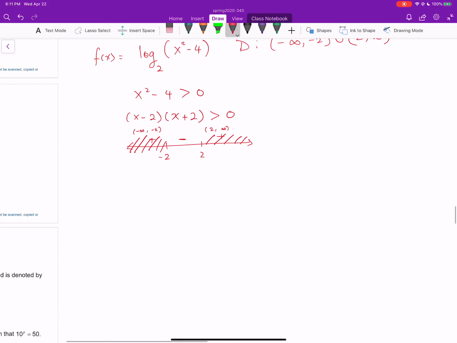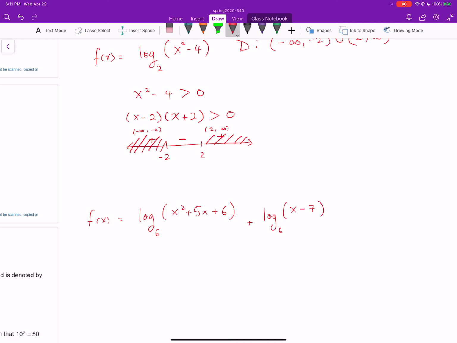Let's look at another example. I have f of x equal to log base 6 of x squared plus 5x plus 6, plus log base 6 of x minus 7.